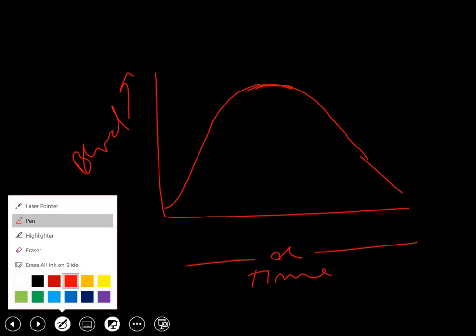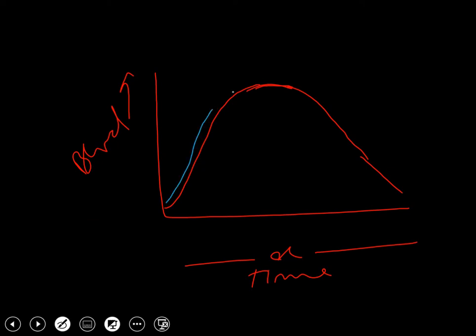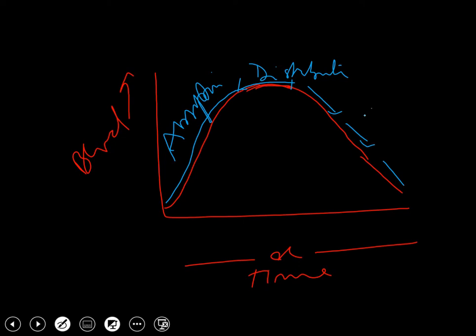The most important point here is this is the absorption, then distribution is also there, distribution, and then the phase of decline starts. This is elimination.